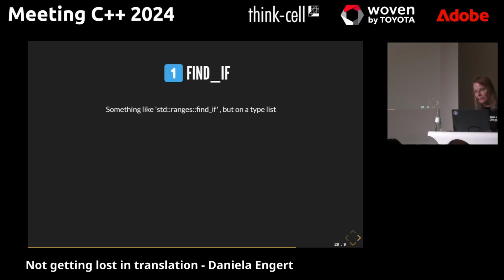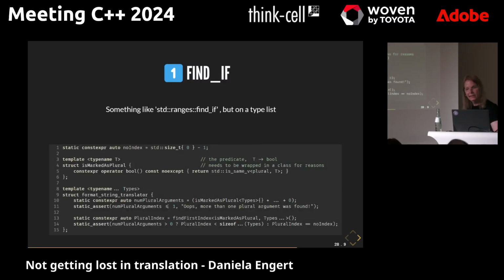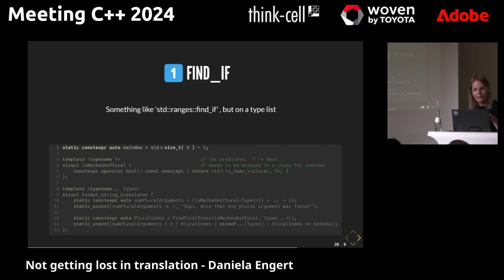So let's try to answer the first question. We need something like a ranges find if, but on a type list. How can we do that in C++20? The first answer is, what should be the return value that we give if we find nothing? This is the return value of no index found. This is our predicate.